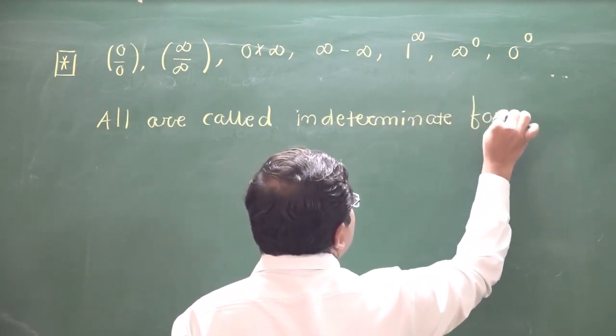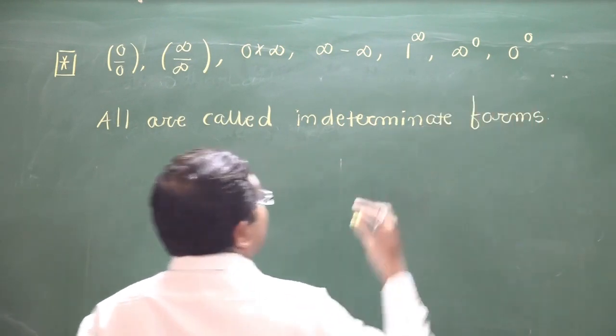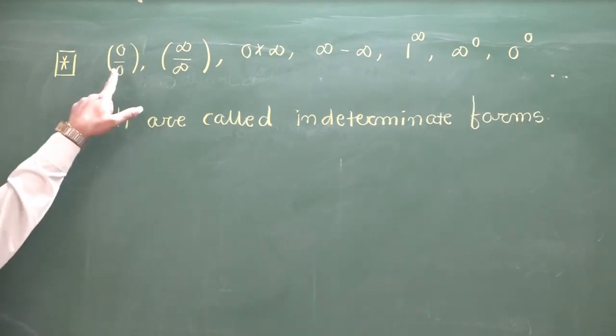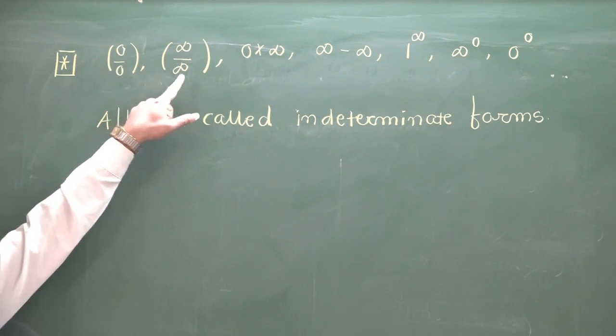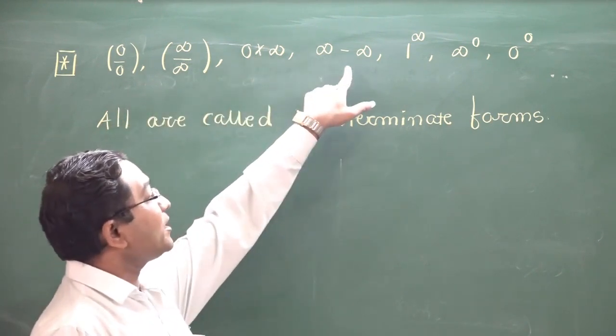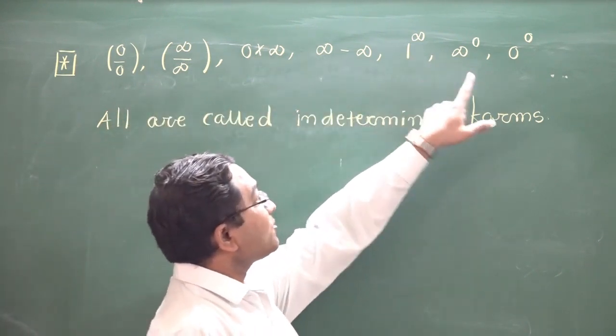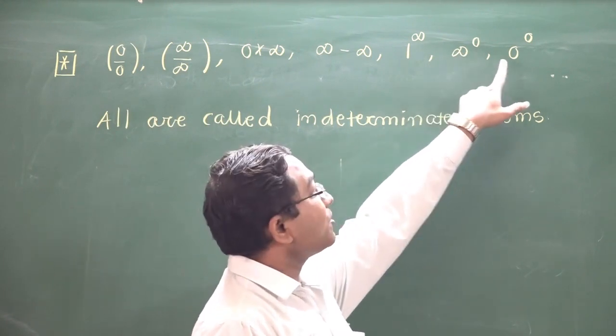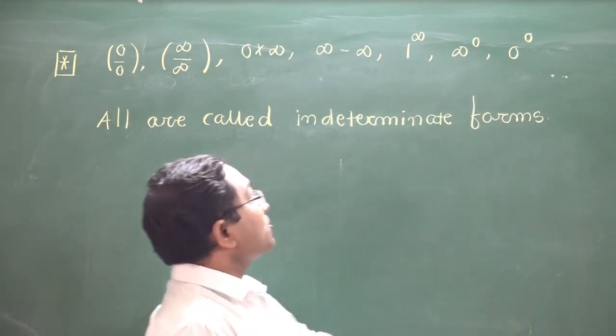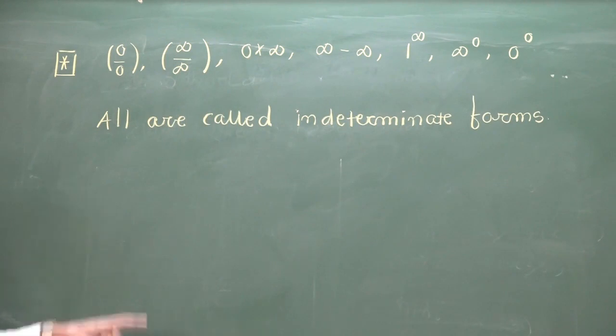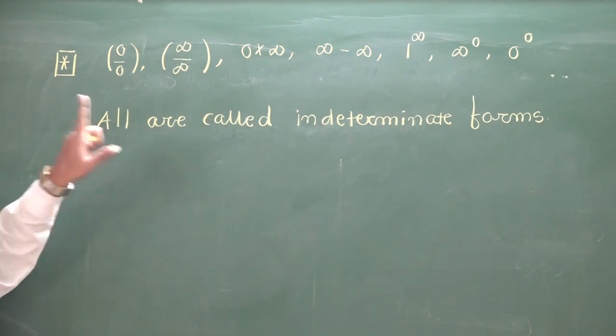So there are 7 types of indeterminate forms in our chapter.